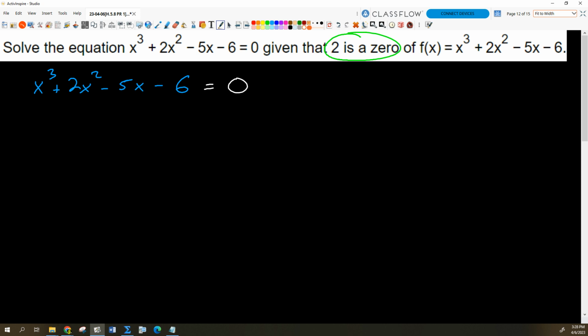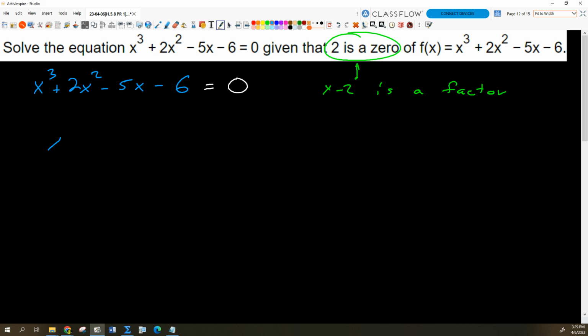Do I know any factors of the blue polynomial? I know if 2 is a 0, what's the factor that goes with that? Well, x minus 2, right? The factor is x minus 2. So if 2 is a 0, then that's telling us that x minus 2 is a factor, right? Okay, so let's do something here. Let's just take this blue polynomial. We're going to do a little bit of side work here for a second.